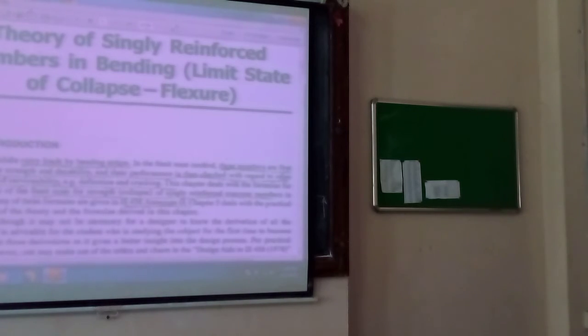Now I have some theory that we are going to discuss. It is going to be very important, so listen carefully. In this chapter, I am going to tell you the derivation of the formulae which are used in the IS code, especially IS 456, 2000, Annex G. In Annex G, there are some expressions and formulae given.